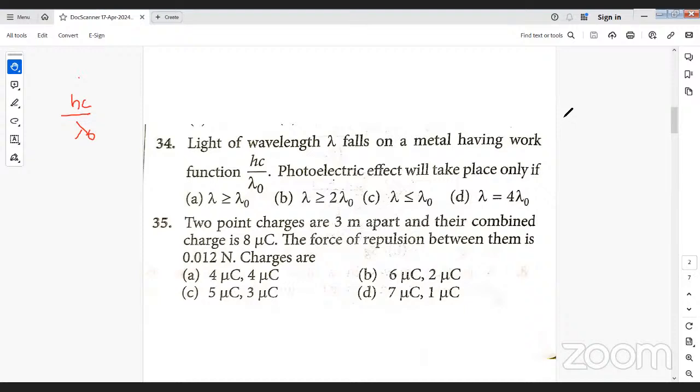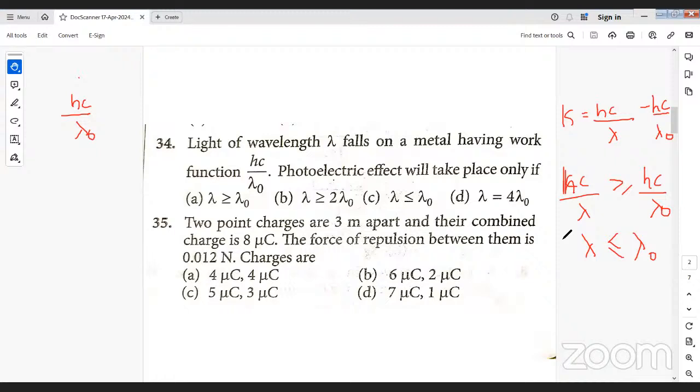So according to Einstein's photoelectric equation, we have hc divided by lambda minus hc divided by lambda naught. So if you see this one, what we can say, that is hc divided by lambda must be greater than or equal to hc by lambda naught. Therefore, lambda must be less than or equal to what?